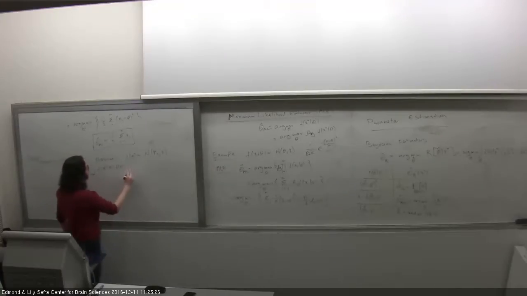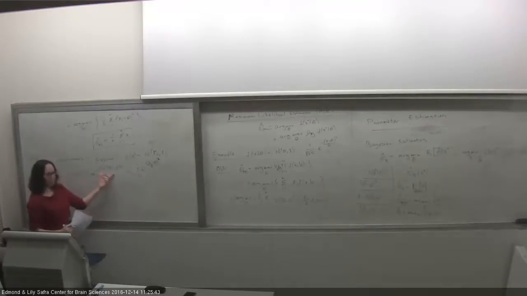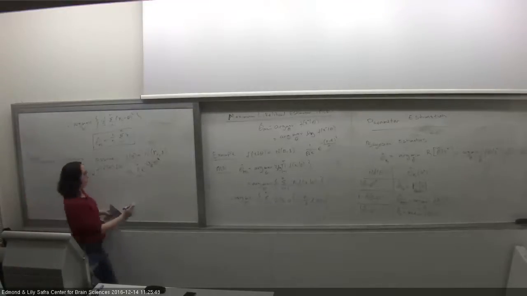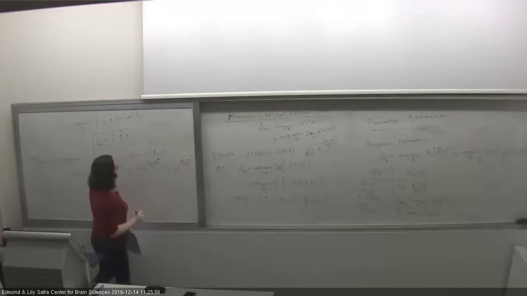So this is proportional to the product over i from 1 to n of e to the minus xi minus theta squared divided by 2, which comes from the likelihood, times the prior, e to the minus theta minus mu 0 squared divided by 2.